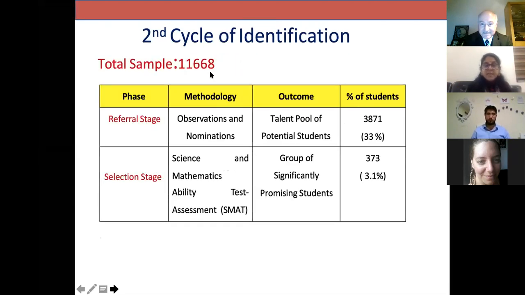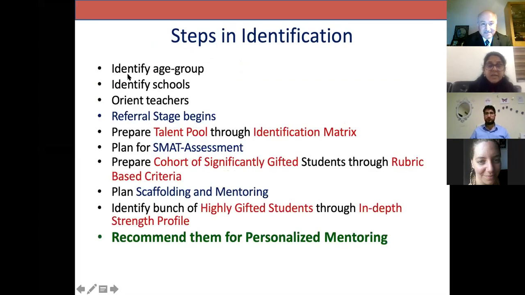In the second identification cycle, we had 11,668 children. These are the steps in identification which I was talking about.